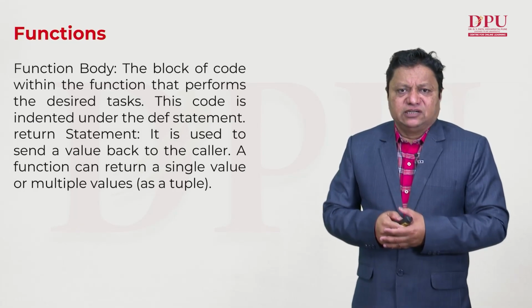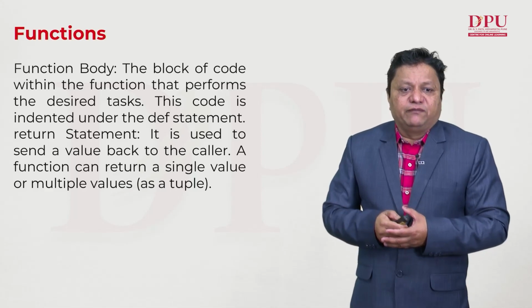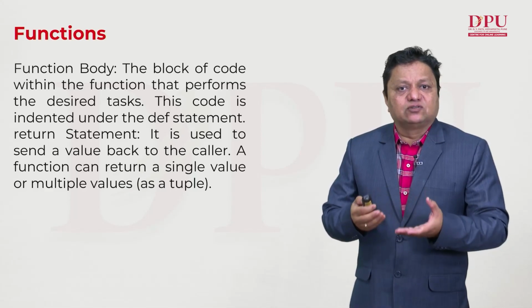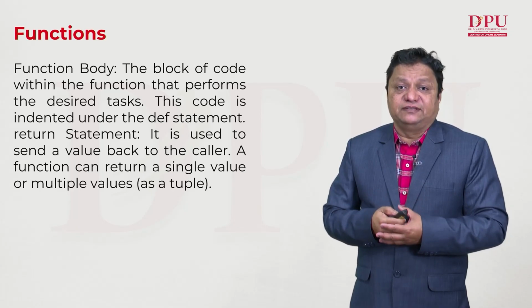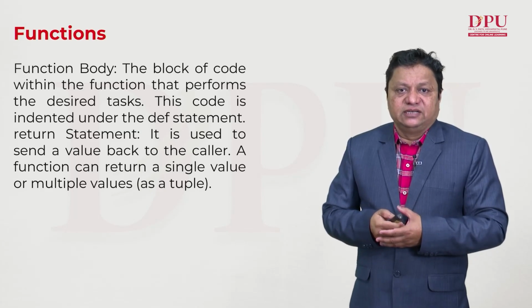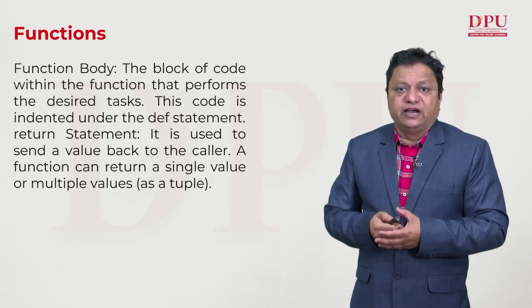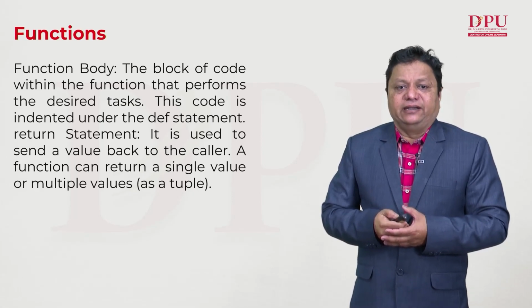Now, let us talk about the function body. The block of code within the function that performs the desired task is called the function body, and this code is indented under the def statement. So, in Python we do not have curly braces or any other braces to define the block of a function. What we use is indentation.